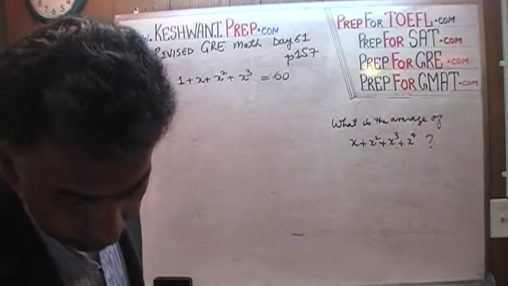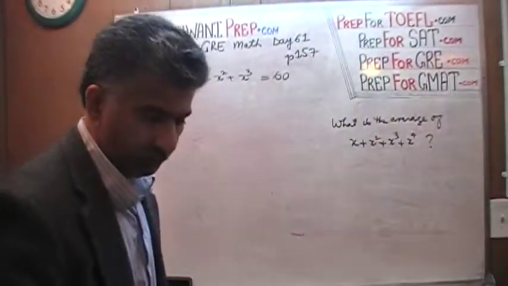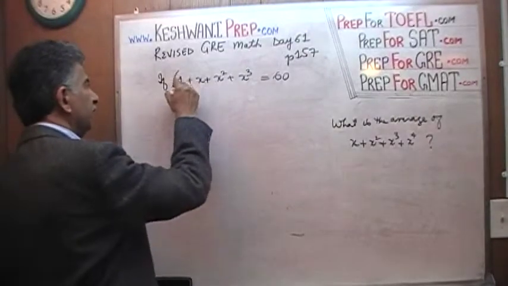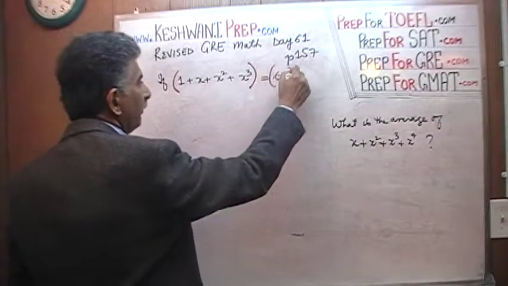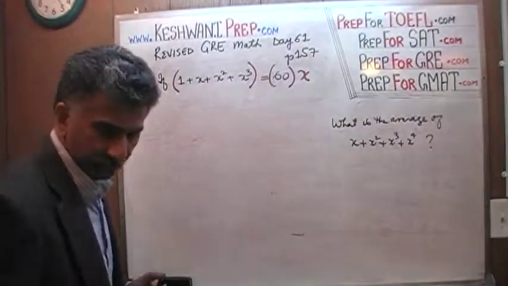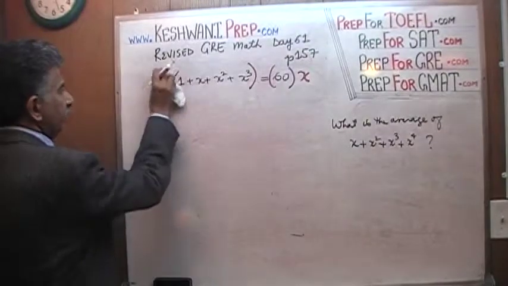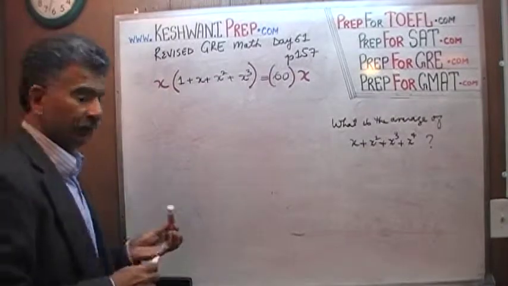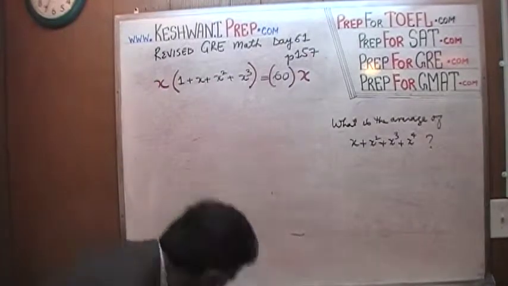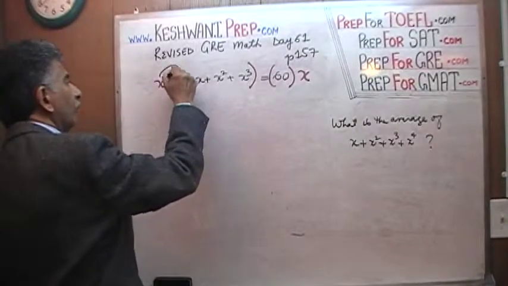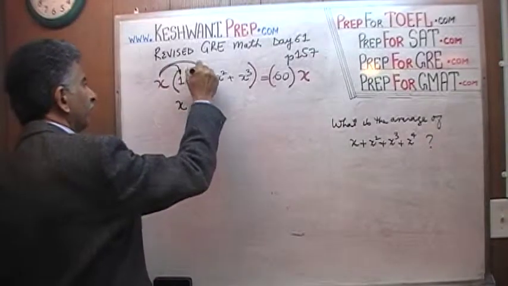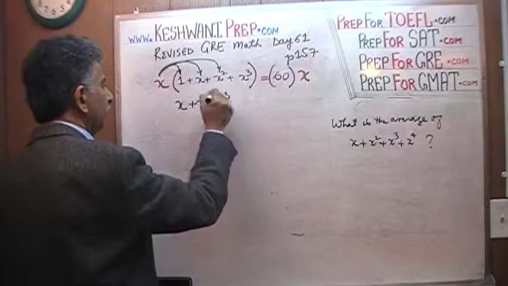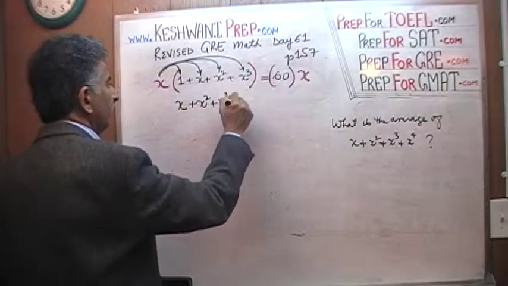What we should notice here, and if you notice this right away, then the rest is very simple, is that if we were to multiply both sides of the equation by x, let's see what we end up with. x times 1 is x, x times x is x squared, x times x squared is x cubed, and x times x cubed is x to the 4th.